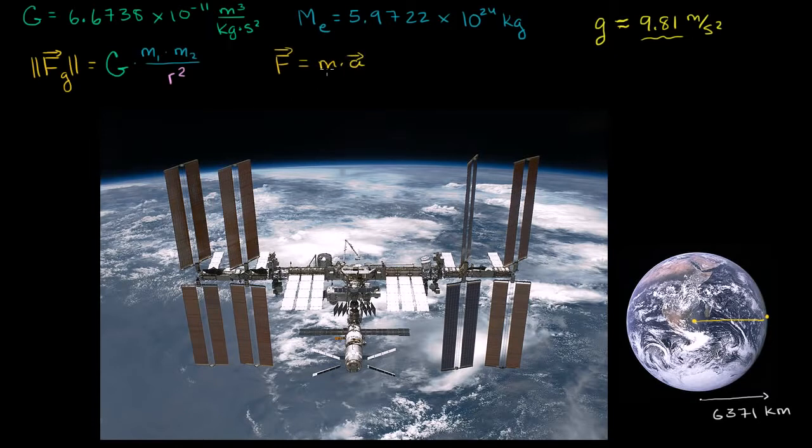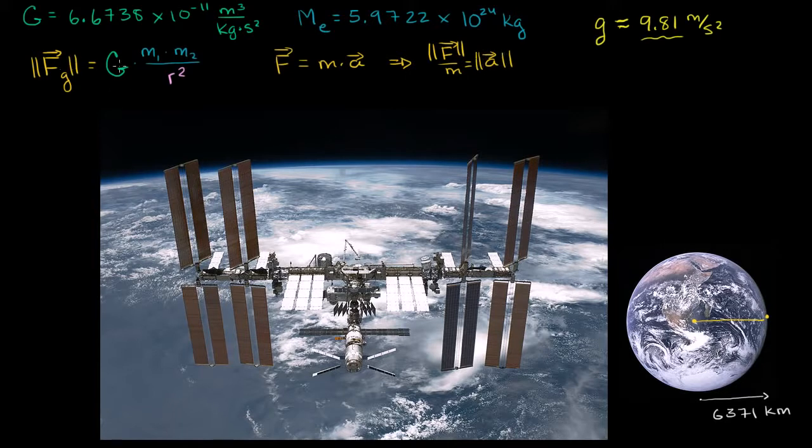To solve for acceleration, you divide both sides by mass. So force divided by mass is equal to acceleration. If you take the magnitude of your force and divide by mass, you're going to get the magnitude of your acceleration. This is a scalar quantity.